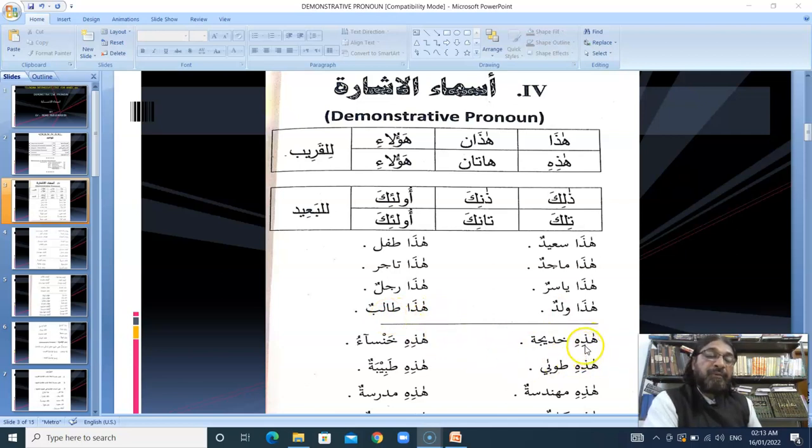Then feminine, hazihi, this. Haza for masculine and hazihi for feminine. So after hazihi we have to use feminine. Hazihi khadijatu, name of a girl, this is Khadija. Hazihi khansau, this is Khansa, name of a lady. Hazihi tuba, tuba is a place in paradise, in Jannah, meaning blessed.